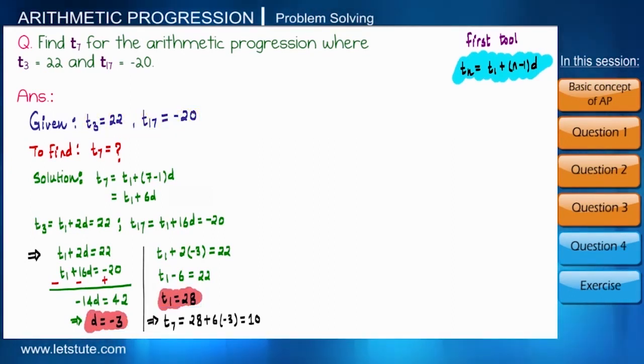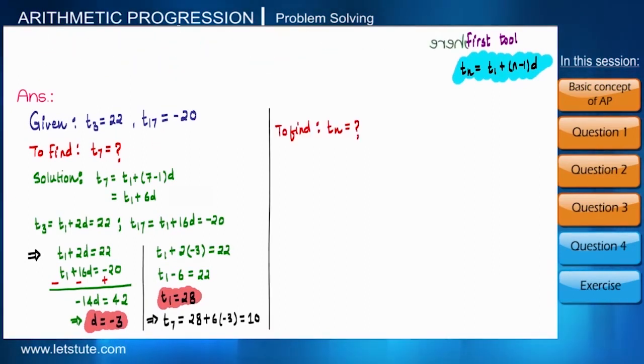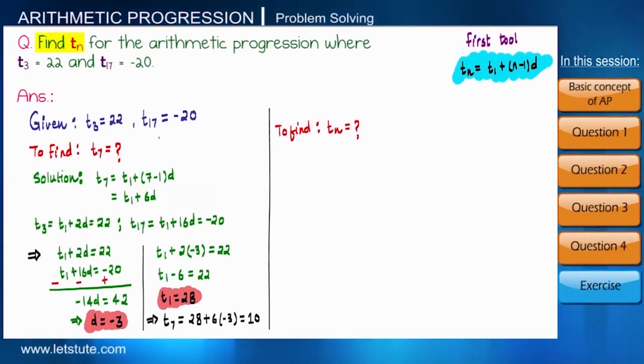Okay, so now suppose I ask you to find Tn instead of T7, what will you do? See, previously it was T7, which means instead of n, we had to put 7. So wherever there was n, we put 7. But now it is asking us to find Tn only. So T1 and D will remain the same and we'll write n as it is.